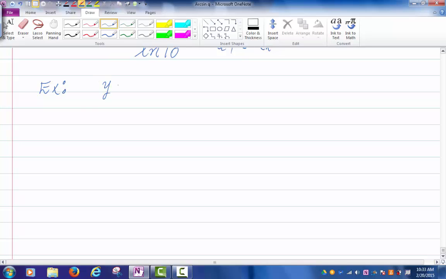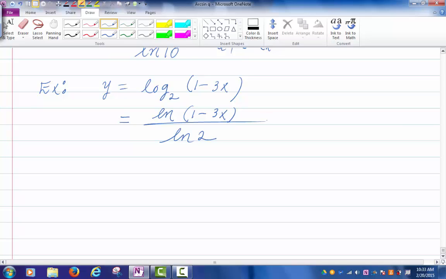Let's say I have y is log base 2 of 1 minus 3x. Well, right away, what I'm going to do is rewrite this as ln of 1 minus 3x divided by ln of 2, which means I have 1 over ln of 2 times ln of 1 minus 3x.